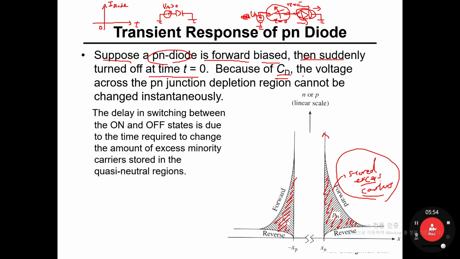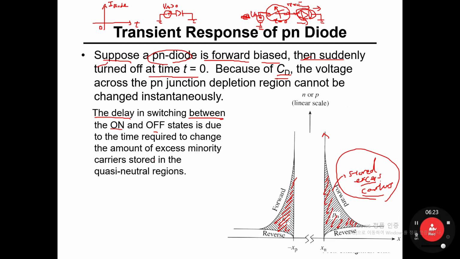Again, on the left hand side, you can see that the switching delay time between on and off is due primarily to the time required to change the amount of excess minority carriers stored in the quasi-neutral regions.